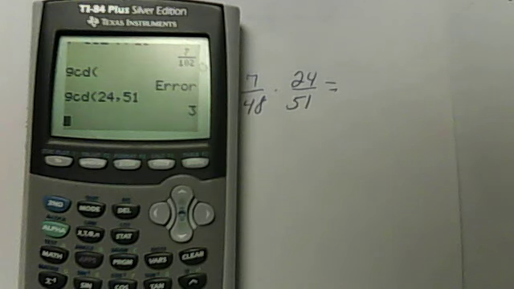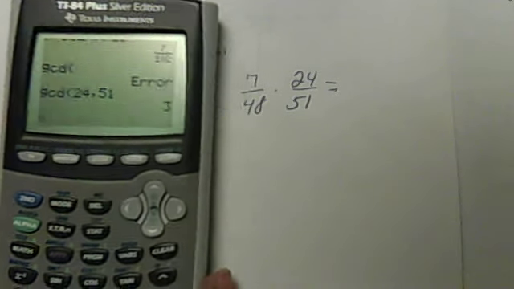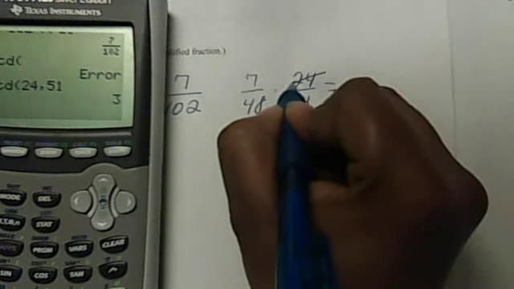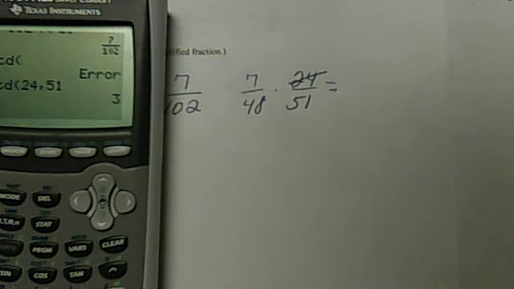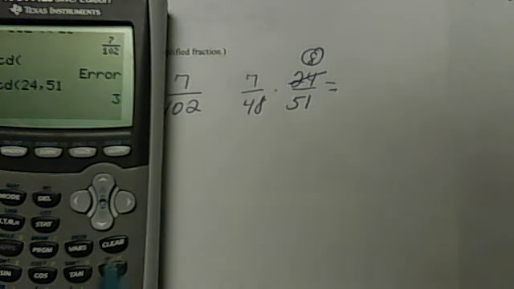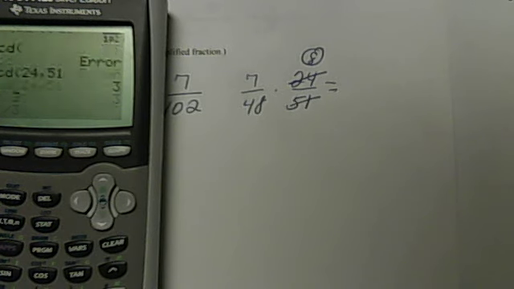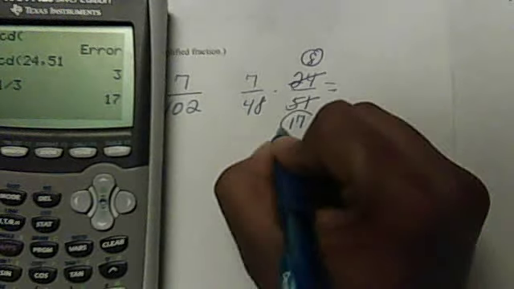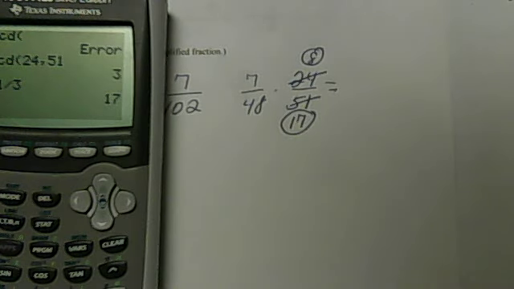That means that 3 is the greatest number that goes into both of them, so we're going to use that, right? We're going to say 3 goes into 24 8 times, right? And 3 goes into 51 17 times. Right? That's what we reduced it to.